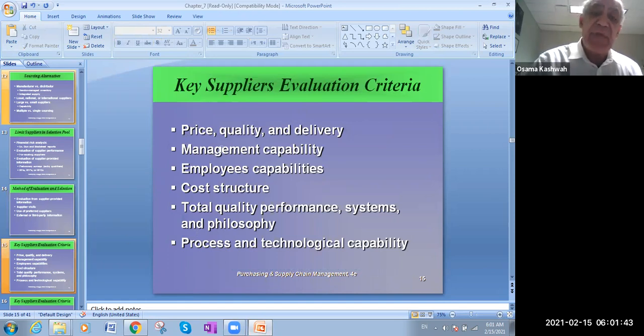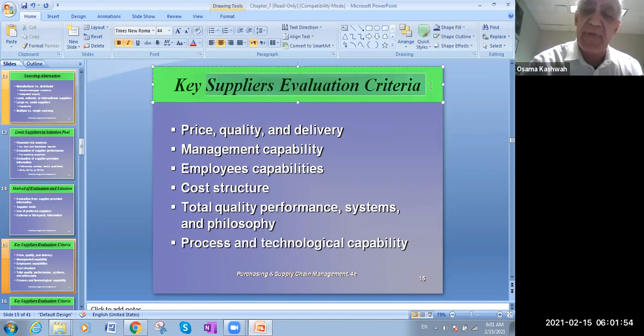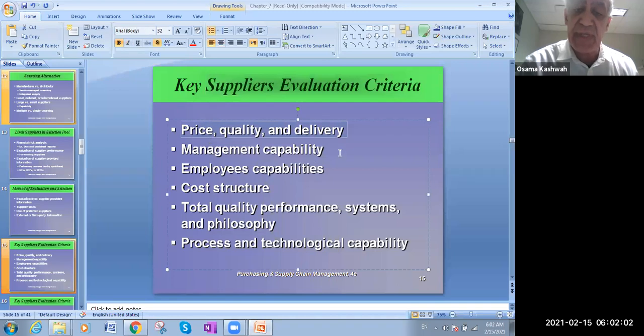These are very, very important pages. Slides 15 and 16 are very important because they tell me what the basic supplier evaluation criteria are. They are price, quality, and delivery, management capabilities, employee capabilities, cost structure.